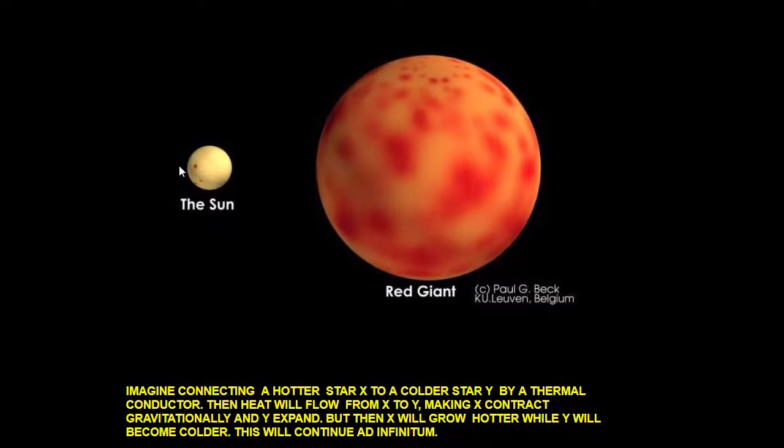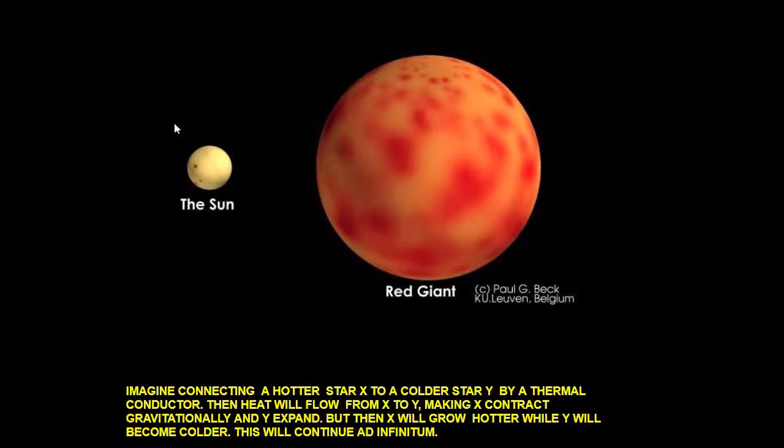So similarly, if I connect the sun surface to the surface of a red giant by a thermal conductor, sun will lose energy, and because it loses energy, it will contract, while red giant will gain energy. Because it gains energy, it will expand, and because sun will contract, its temperature will actually go up.